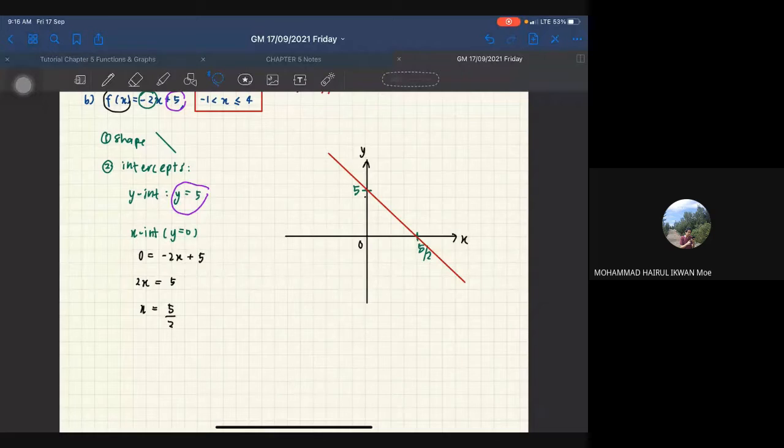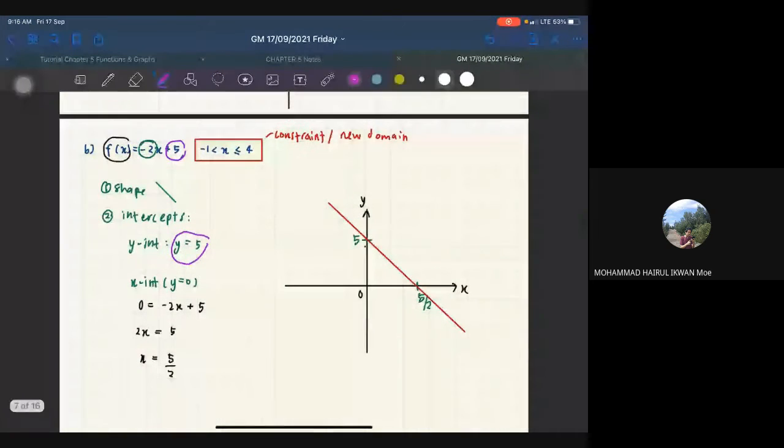Okay, tapi awak jangan lupa sekarang kita ada constraint. So your constraint given by the question is this. So graf awak, dia punya nilai x hanyalah pada -1 sampai 4 sahaja. Okay, so kalau -1 it's somewhere over here. This is -1.